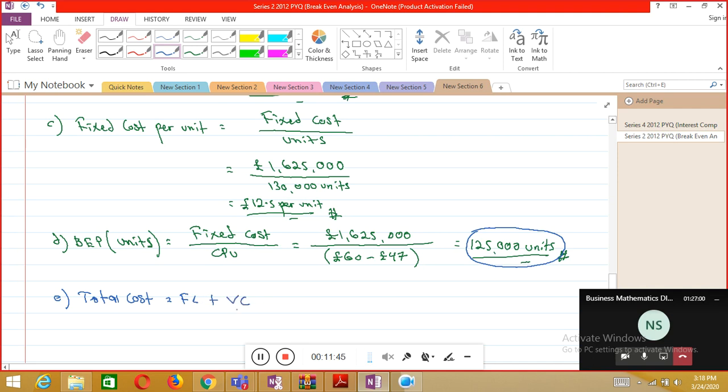But we have a problem with the variable cost because it is given per unit. So to get the variable cost, you take the variable cost per unit times the units. The unit we're going to use is this unit over here.